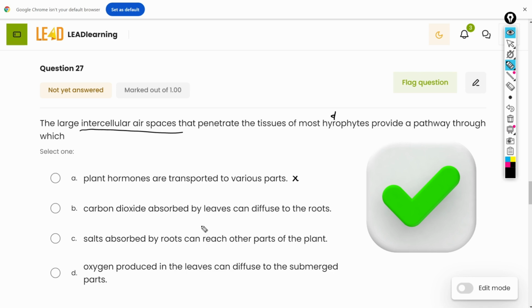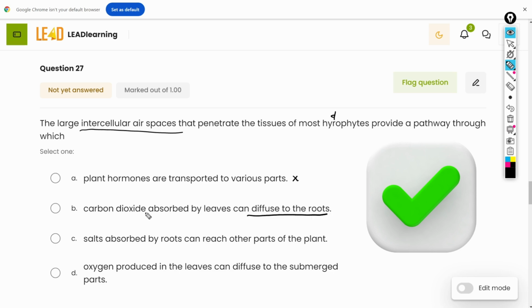B, carbon dioxide absorbed by leaves can diffuse to the roots. Now, intercellular air spaces allow for the transport of oxygen and carbon dioxide. But there's something interesting about this option here. It says carbon dioxide absorbed by leaves can diffuse to the roots.